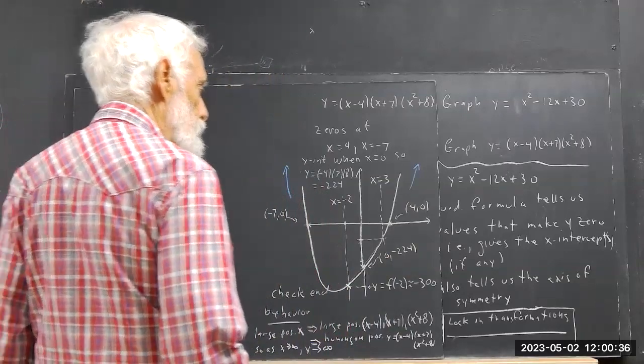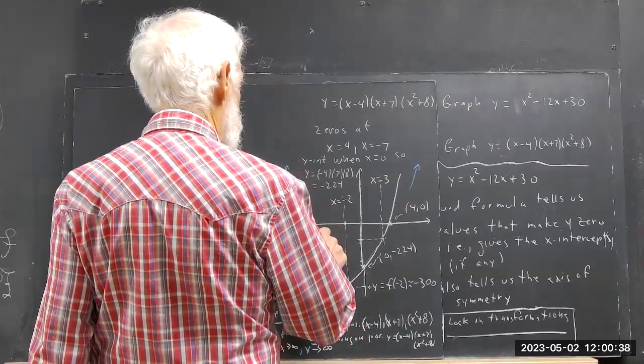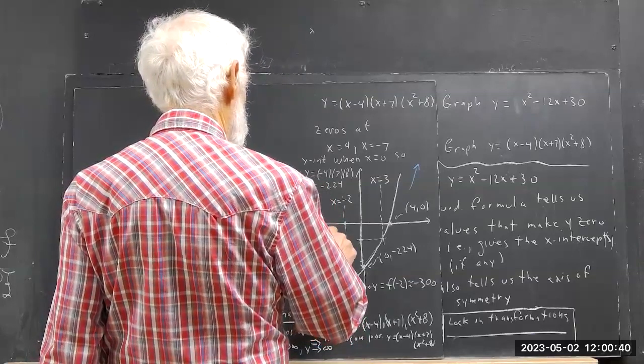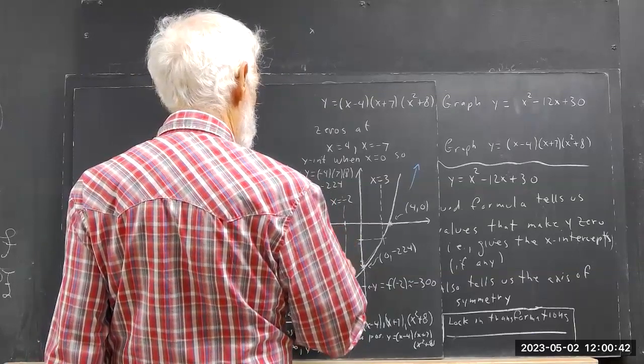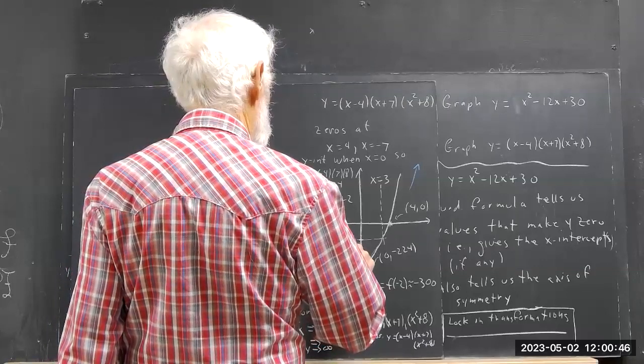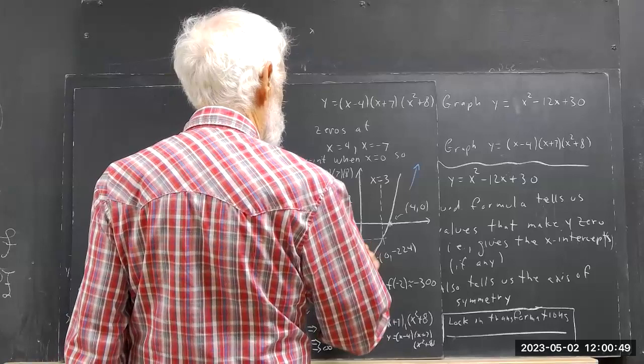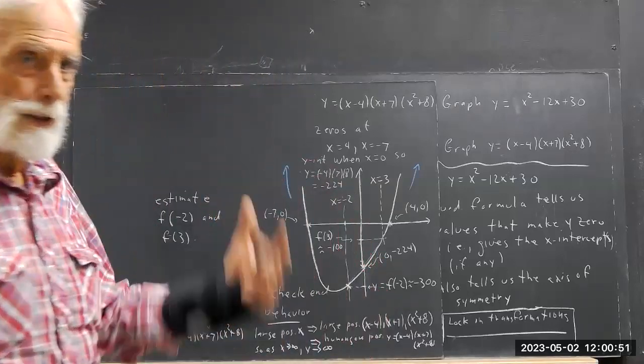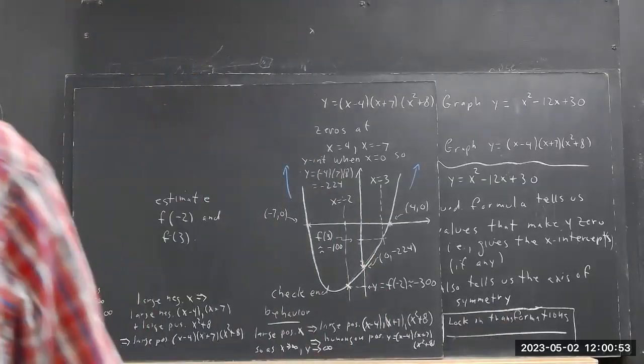It looks like maybe that's negative 100. Obviously that's not negative 80, but let's use nice round numbers. They're close enough.